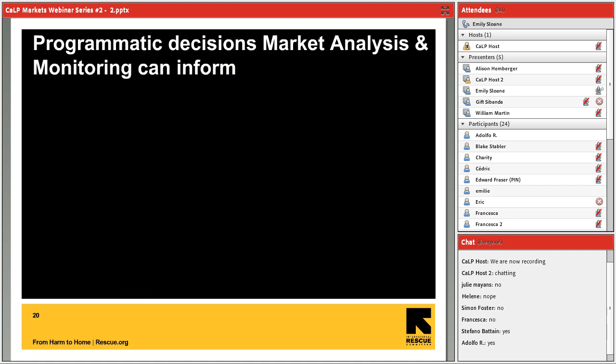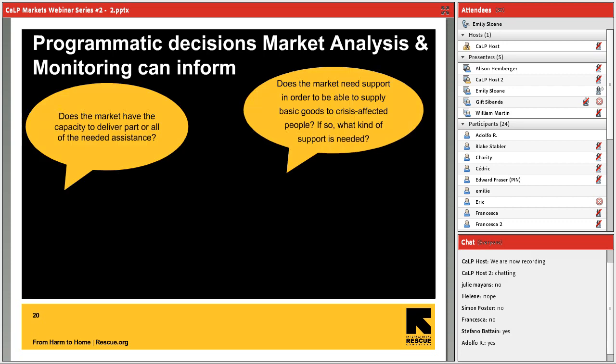So the first is the market information framework. There's a version 1 of this that's currently circulating. And these bubbles on this page sum up the key programmatic decisions that we identified in the process of putting this together. So really, they're quite straightforward.